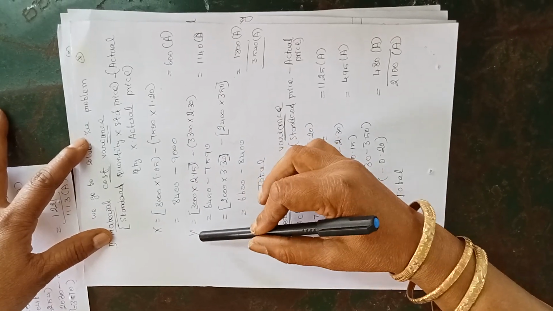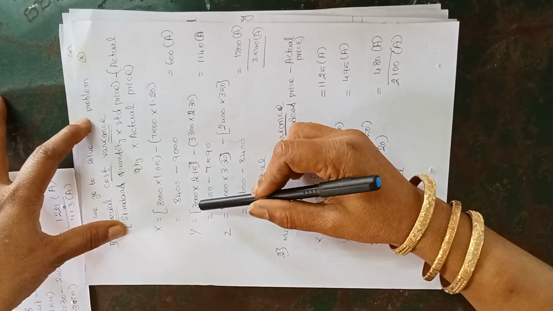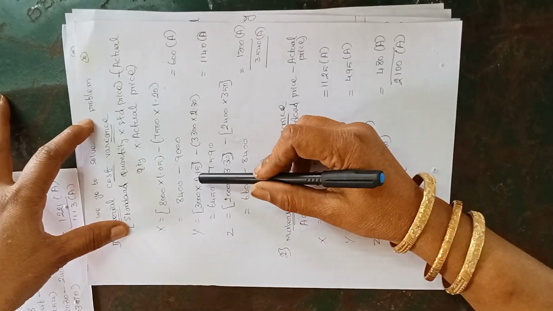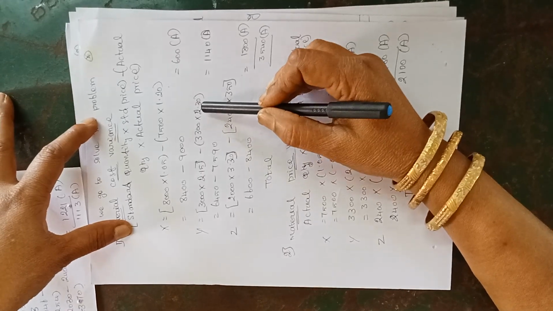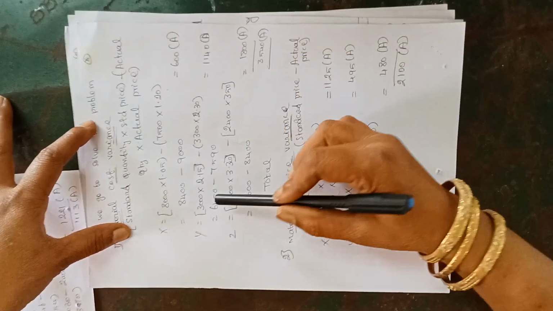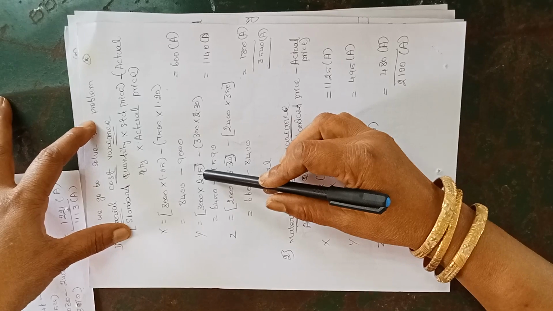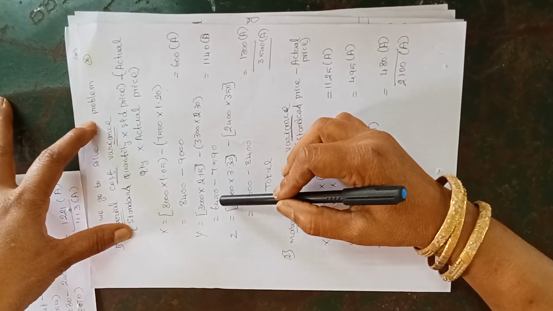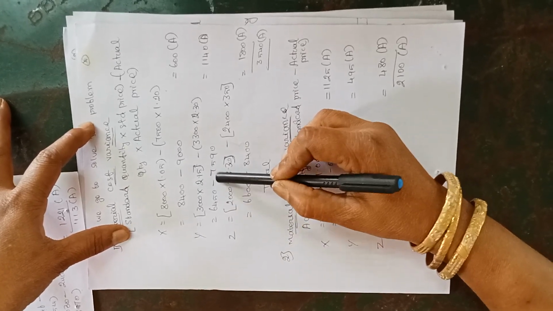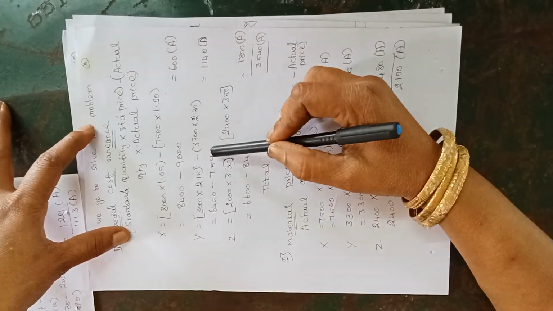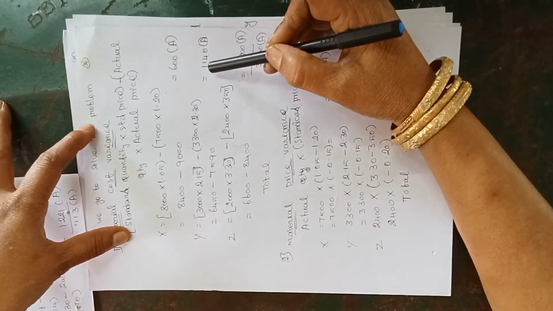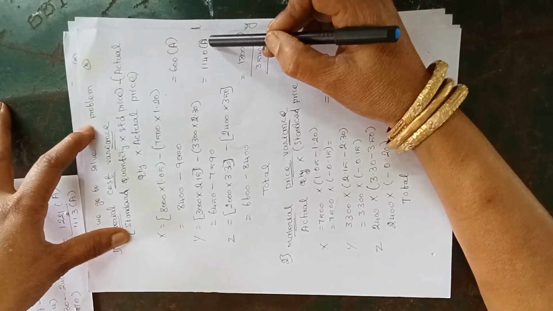Next Y: 3000 into 2.15 equals 6450, minus 3300 into 2.30 equals 7590, which equals 1140 adverse.